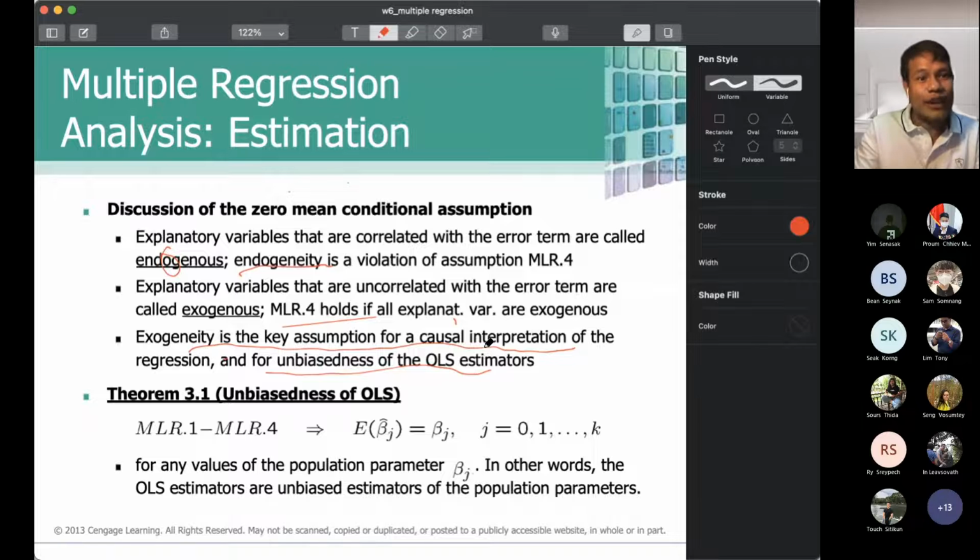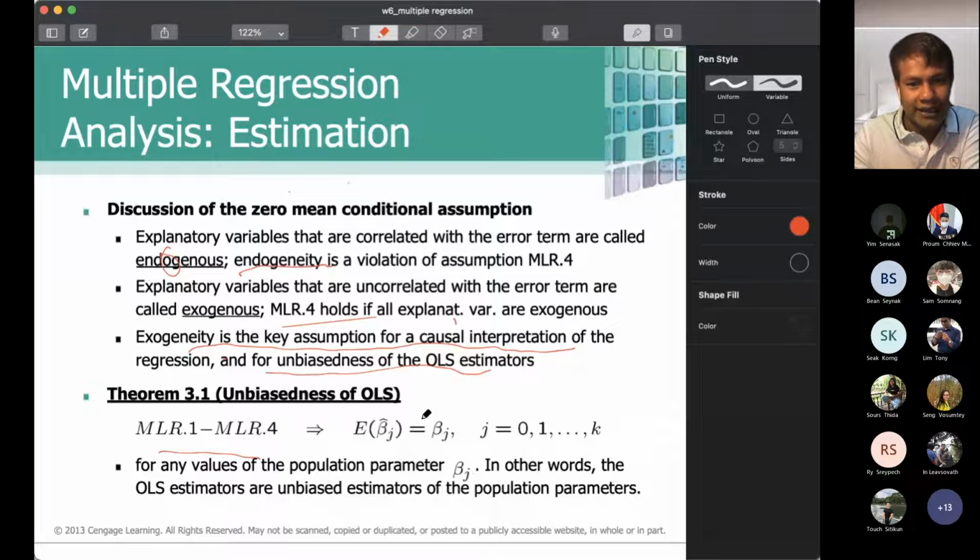So if assumptions 1 to 4 are met, we believe that the expected value of the estimate that we constructed from the sample equals the slope parameter. So we obtain an unbiased estimate.